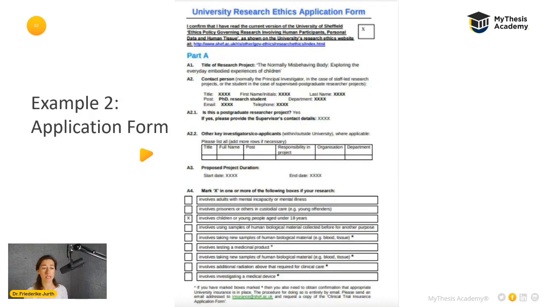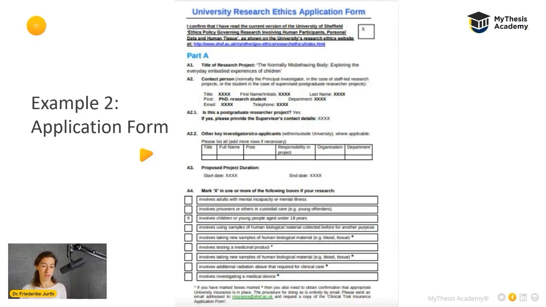You also need to clarify if it is a postgraduate research project, and if so, then you should also provide the contact of the supervisor.